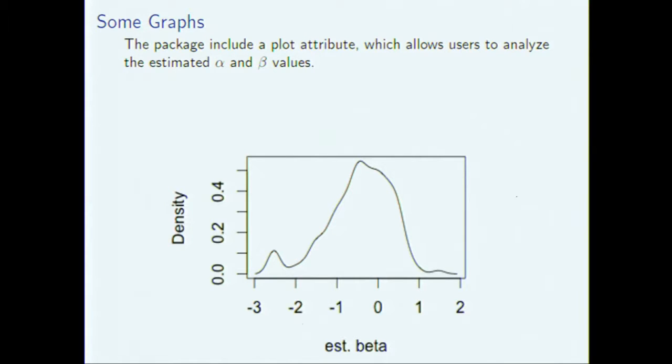Do we want to use method of moments, maximum likelihood, or, if we wanted to, RecSys, which again uses matrix factorization. By taking a look at the graph here, it's clear that it doesn't really fall under a normal distribution. It is bimodal, so it seems as though there are two subpopulations at play when we're looking at these estimated betas, which in this case would just be the movies.